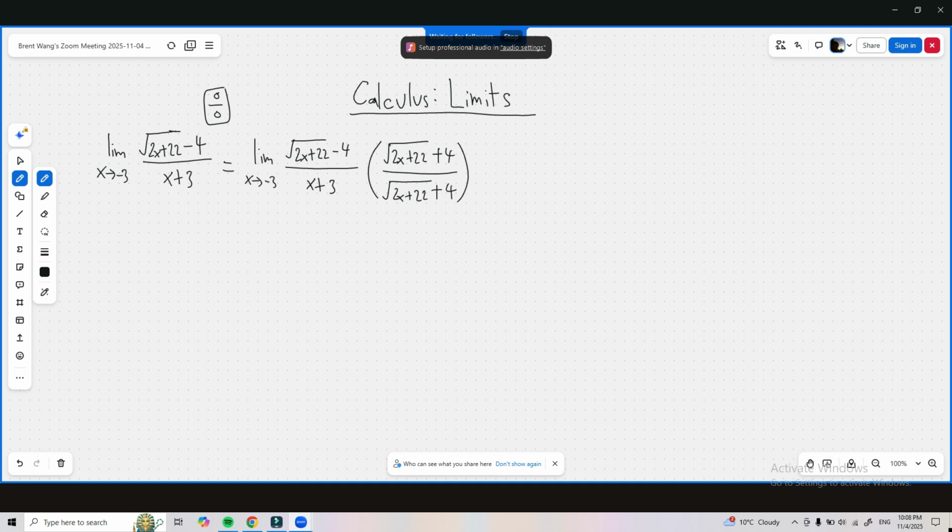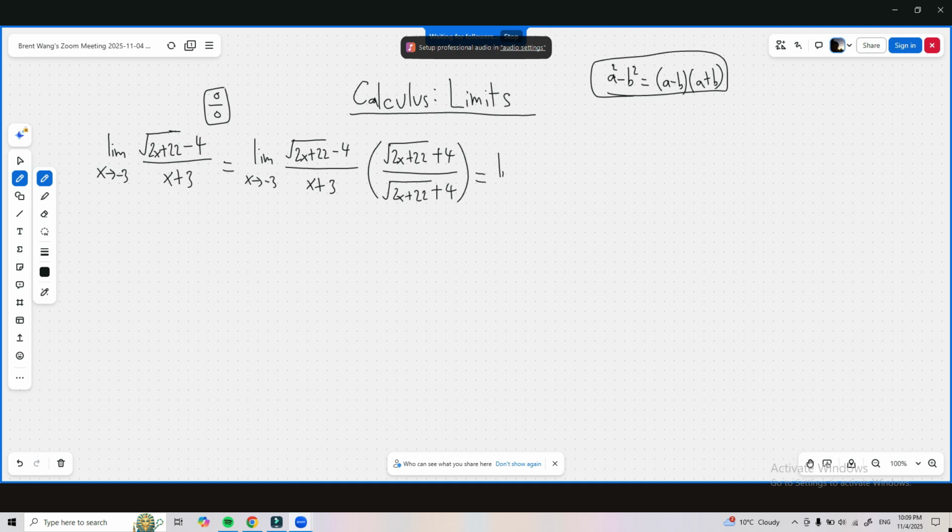This is sort of like a difference of squares thing you saw in grade 10 math, where a squared minus b squared is equal to a minus b times a plus b. That's kind of what I'm doing here. If someone knows the term for what I'm doing here, please tell me. This is exactly why I'm not a math professor, lol.